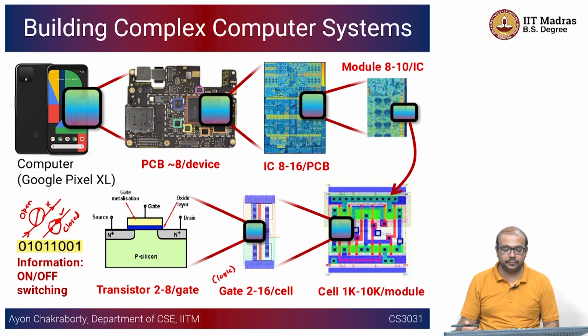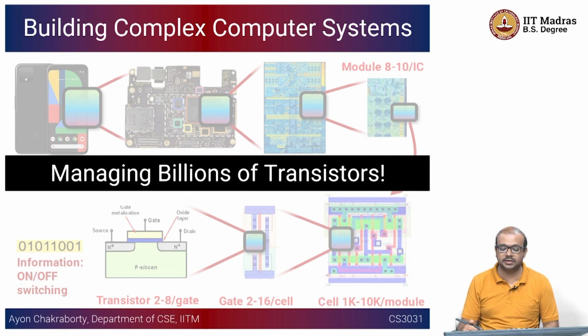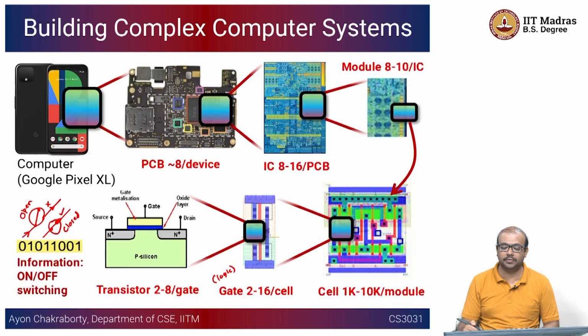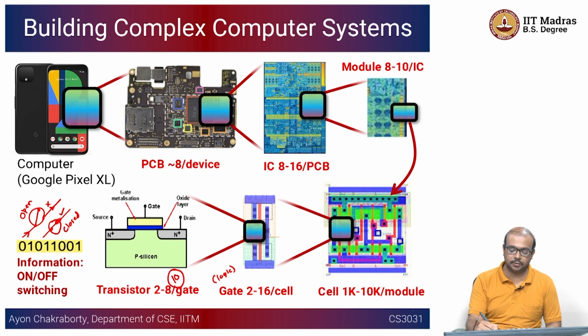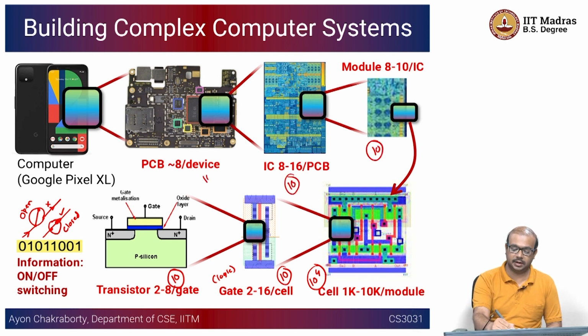Now if you see, this entire computing system is basically a business of managing billions of transistors, right? Why billions? You can do a very simple calculation: here you have tens of transistors, here you have tens to 20, let's say tens. Here you have almost 10 to the power 4, here you have 10, again 10, you might have 10 here, right?